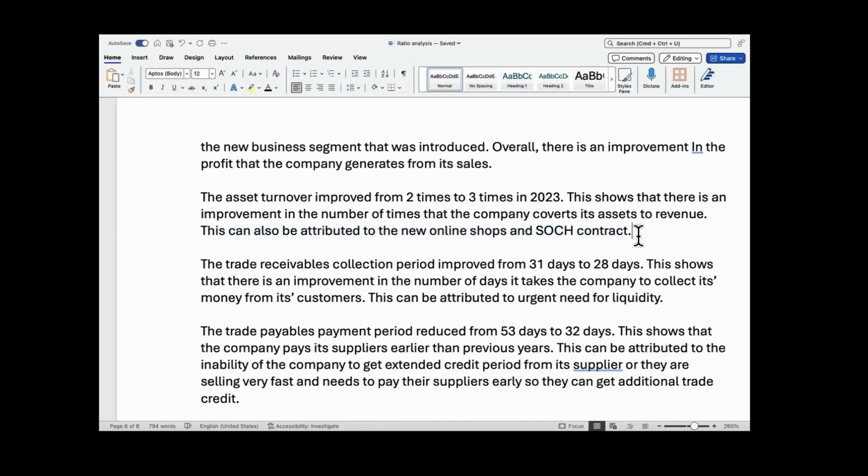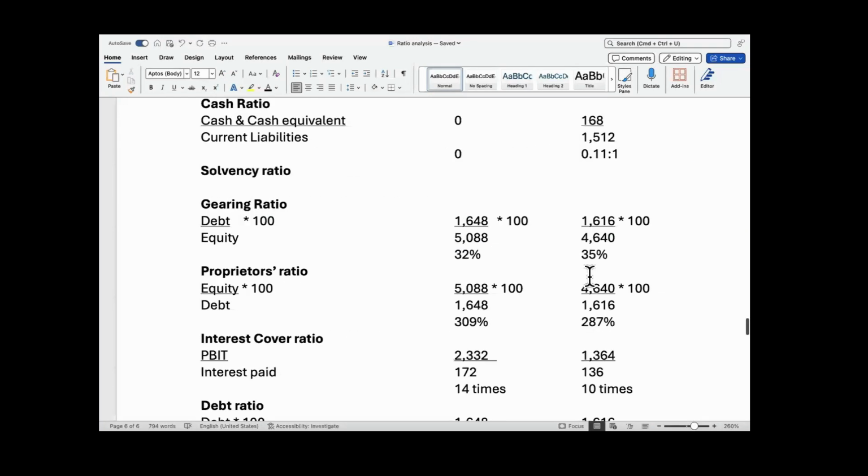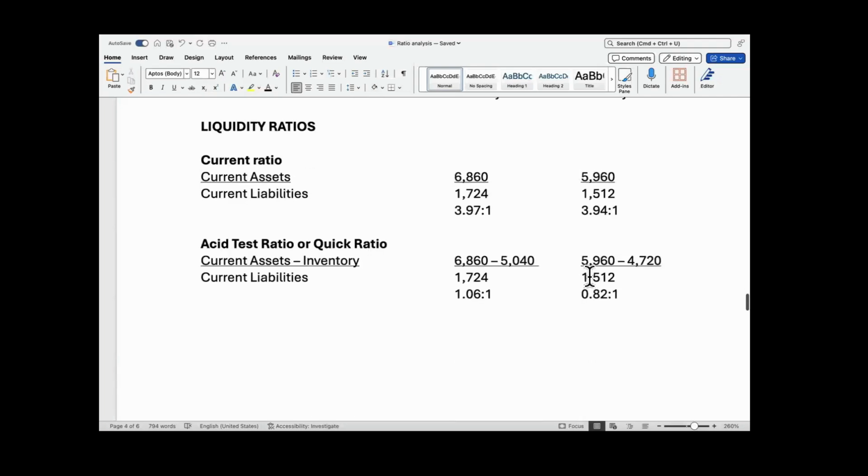All they have told us is that this company has diversified and they need money, they are not getting the money. That is all. That's the story they have given us in this question. And from this story, I can relate it the way I want to all my ratios, which is exactly what I'm doing. So please just ensure you follow this pattern for your exam.